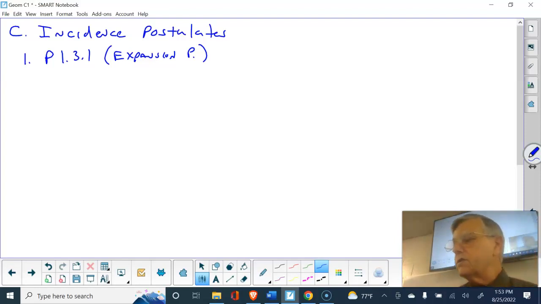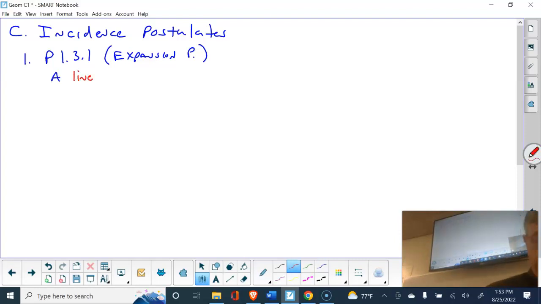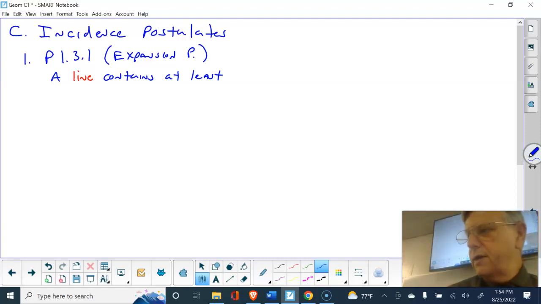All right, first line, A, and I'm going to go to red for the word line, a line. And if you use your color here, I'm going to try to stay with the colors to help you associate some things, and then go back to blue after you do the word line. Contains at least, and you should know this one already, contains at least, then leave a little space, and then write points.